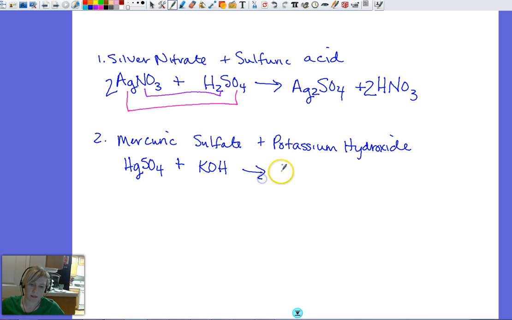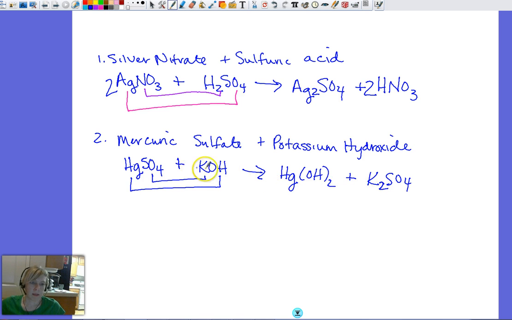When we switch partners, mercury is going to go with the OH, and sulfate is going to go with the potassium, so we get Hg(OH)2, because remember Hg has the plus 2, plus our potassium, we always write the positive one first, K2SO4.